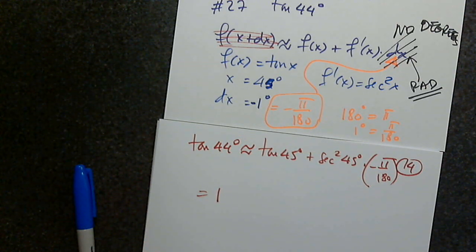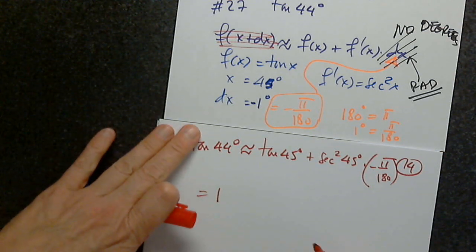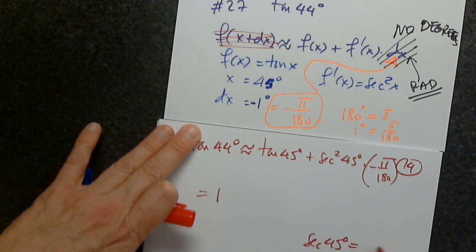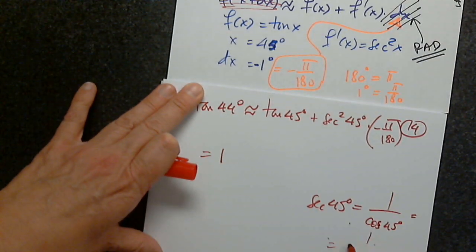Secant 45 is 1 over the square root of 2, right? It's 1 over cosine. Secant 45 degrees is 1 over cosine 45 degrees, which is 1 over the square root of 2 over 2, which is 2 over the square root of 2, but you have to rationalize.